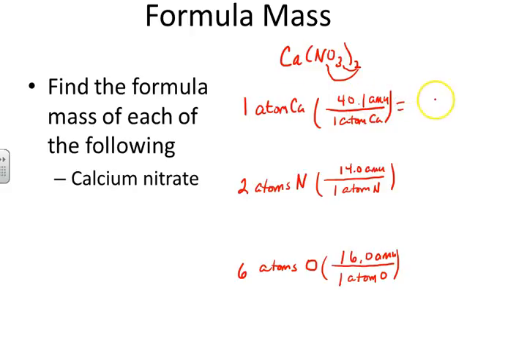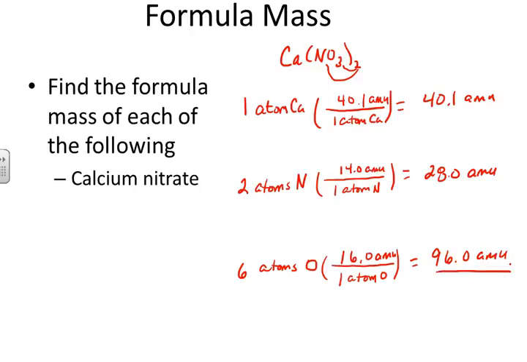So we have 1 times 40.1, 40.1 AMUs. 2 times 14 would be 28 AMUs. And 6 times 16 would be 96 AMUs.